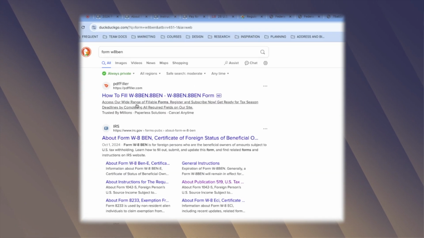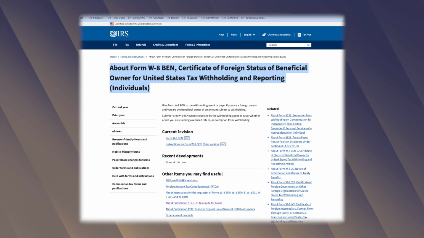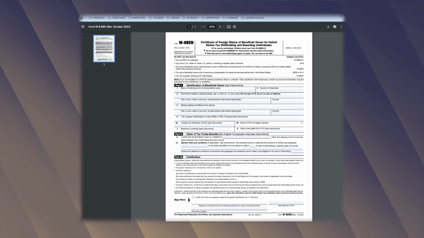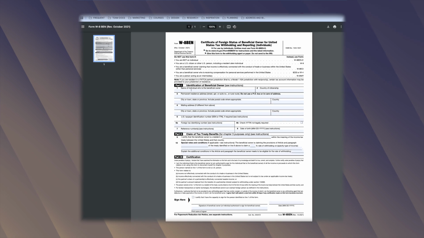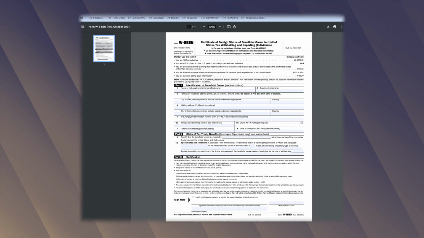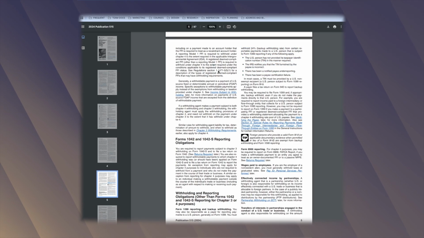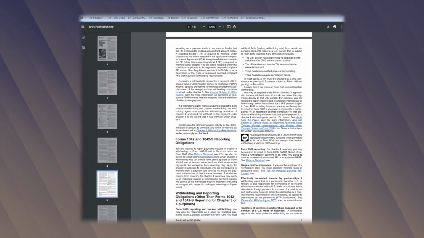This Form W-8BEN is a certificate of status of beneficial owner for United States tax withholding. This is going to be your name as the beneficial owner. You're the beneficial owner because you own an LLC, which is disregarded. Now, when we go back to this, if you give a W-8 to them, they shouldn't have backup withholding for services performed outside of the United States, and they should not give you a 1099 either.